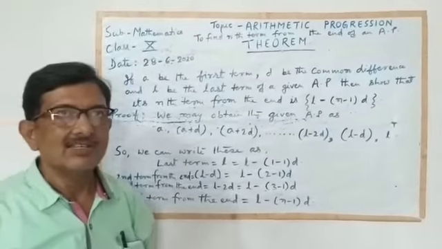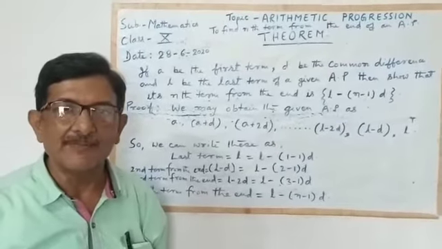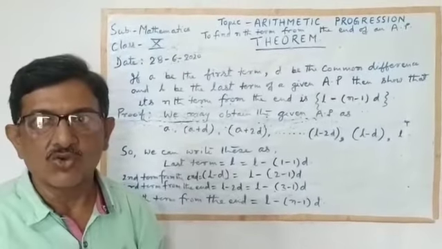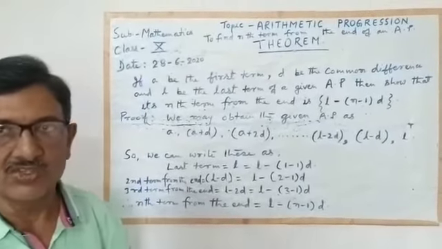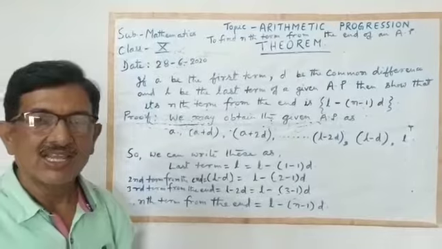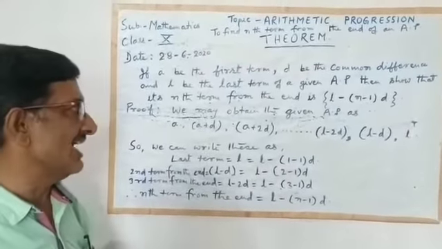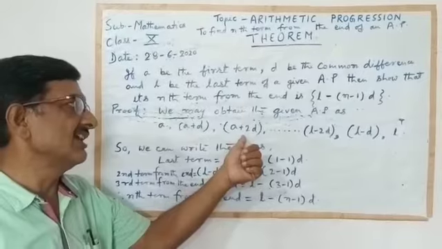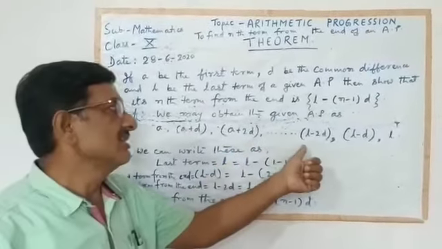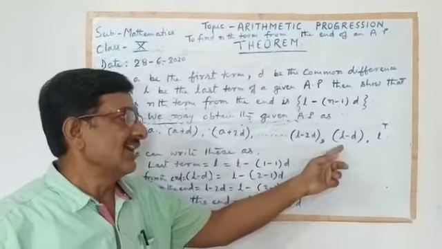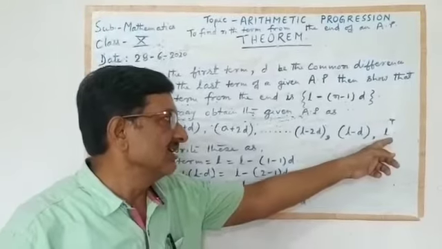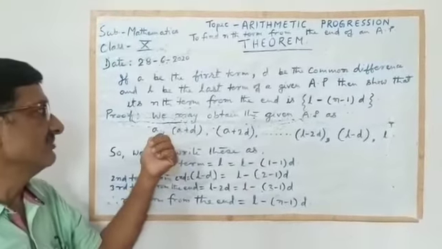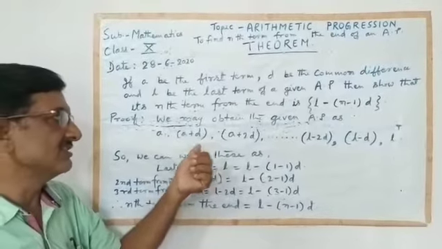So we know that when the first term of a given AP is given, its common difference is known and its last term is also known, then we can obtain the given arithmetic progression as A, A plus D, A plus 2D, and so on, and L minus 2D, L minus D, and L. Here L is the last term, A is the first term and D is the common difference.